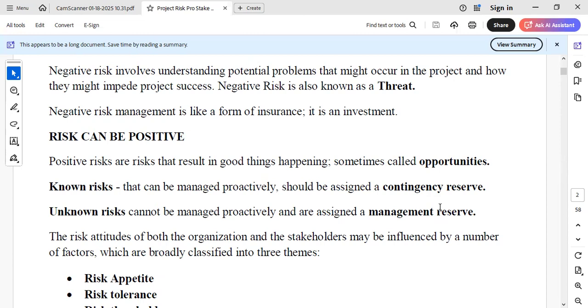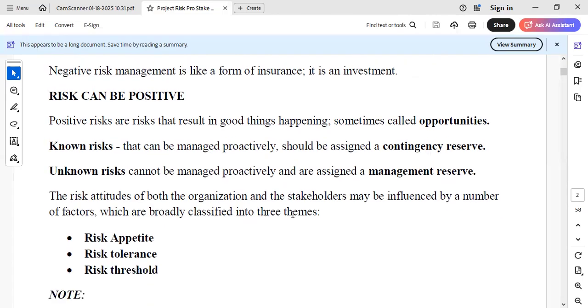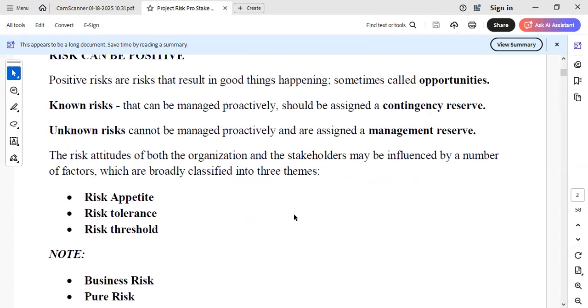There are factors that can influence the attitude of our organization or our stakeholders towards risk, which include one, the risk appetite, two, their risk tolerance, and three, their risk threshold.